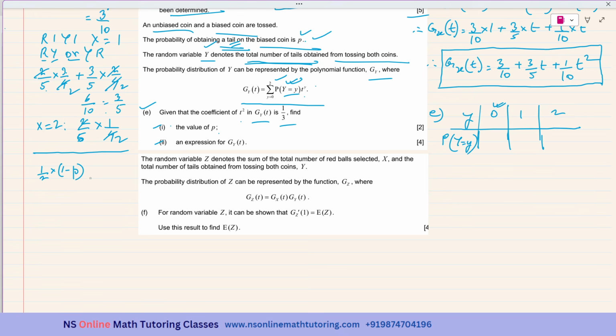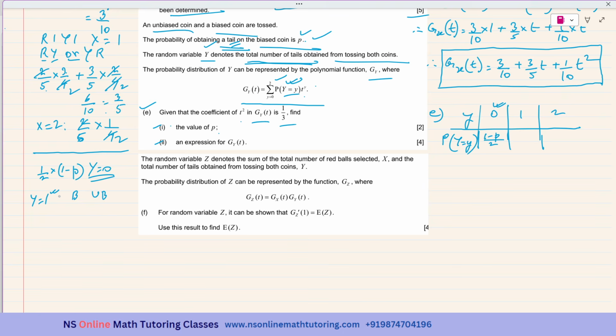So it will be 1 minus p over 2. So this is Y equal to 0. For Y equal to 1, that means biased, unbiased.